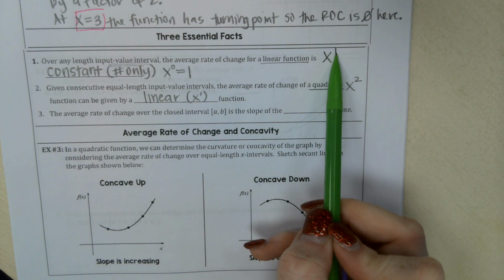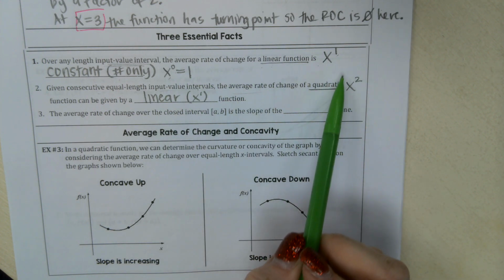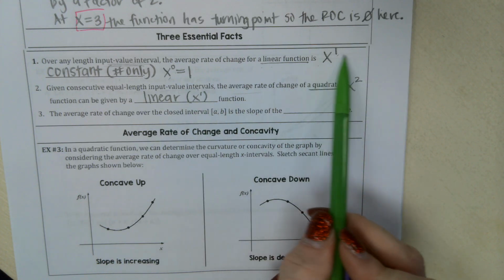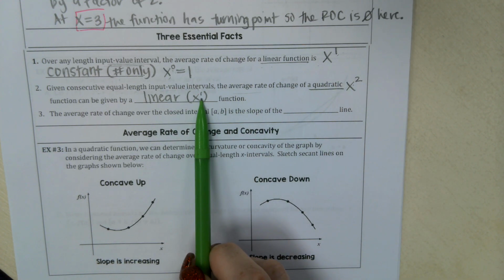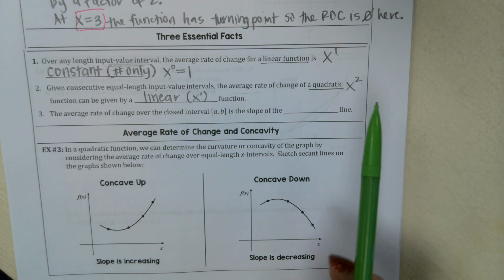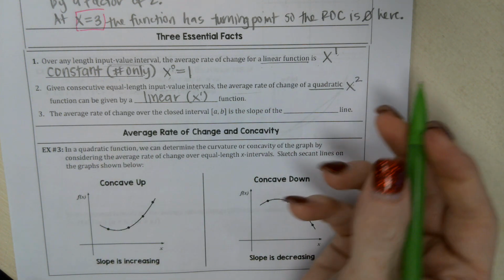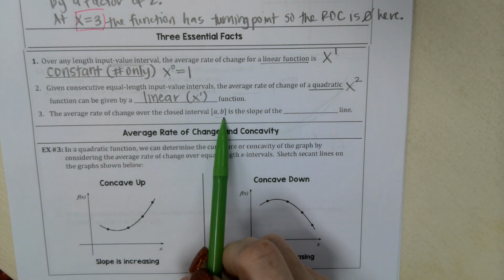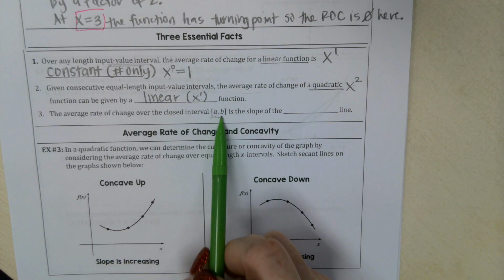What do you notice about the average rate of change, the function that would represent it? Its power is 1 degree less here. Thank you, Parker. All right, the average rate of change over the closed interval a to b, this is what we've been doing, a to b, x to x.